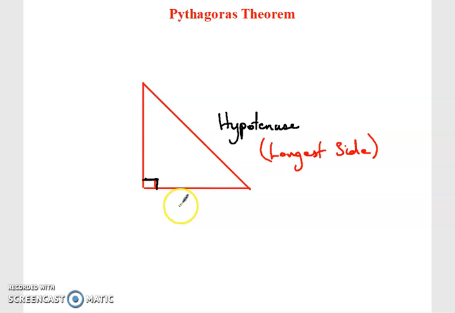And the short sides would be called our legs. Alright? So please don't forget that. And always remember that the hypotenuse is also the side opposite to the right angle. This is the right angle. This is the side opposite to it, so that's called the hypotenuse.